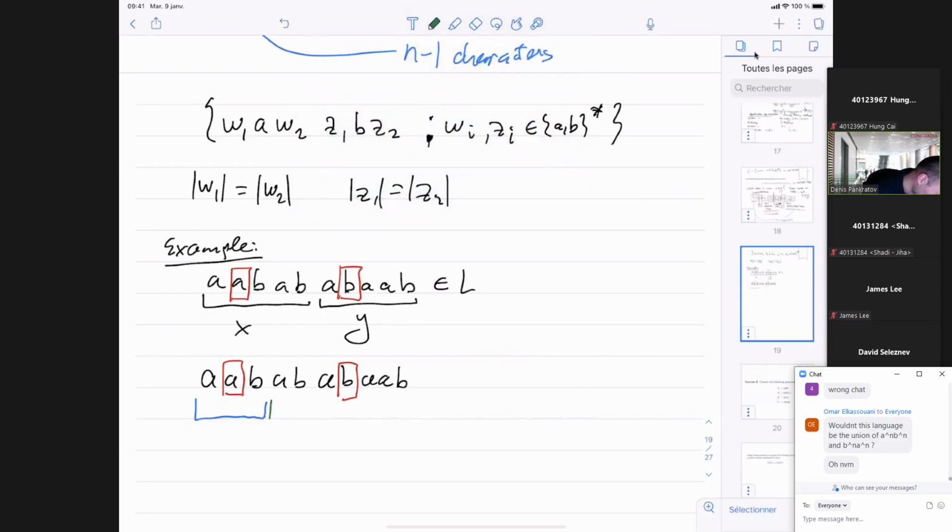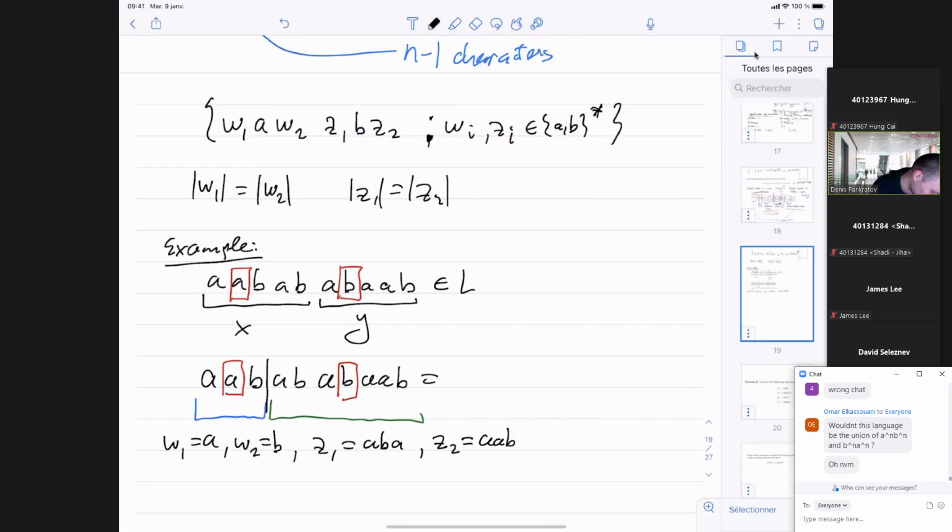For the remainder of the string, B becomes the middle. So in this kind of decomposition, our W1 is A, our W2 is B, our Z1 is ABA, and our Z2 is AAB.